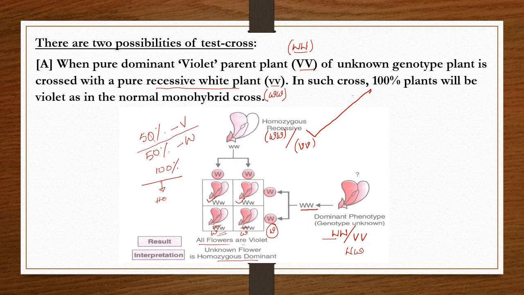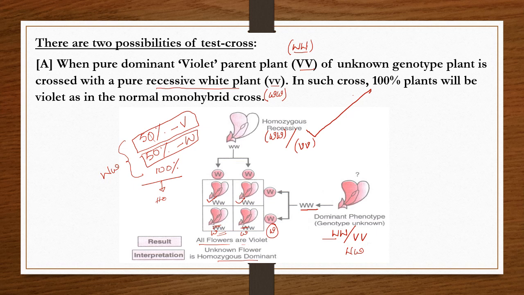So that indicates that if 50% are recessive and 50% are dominant, then the unknown phenotype is heterozygous, that is capital W, small w.